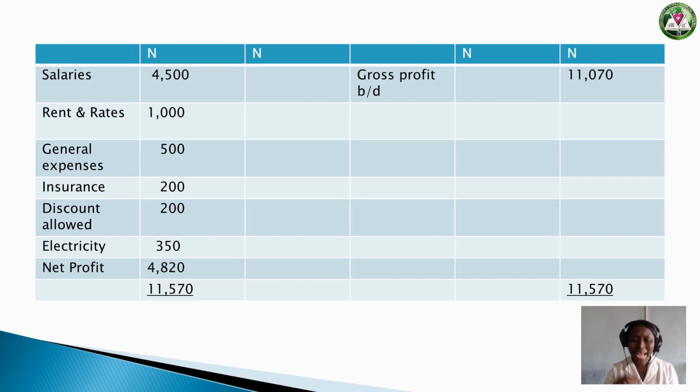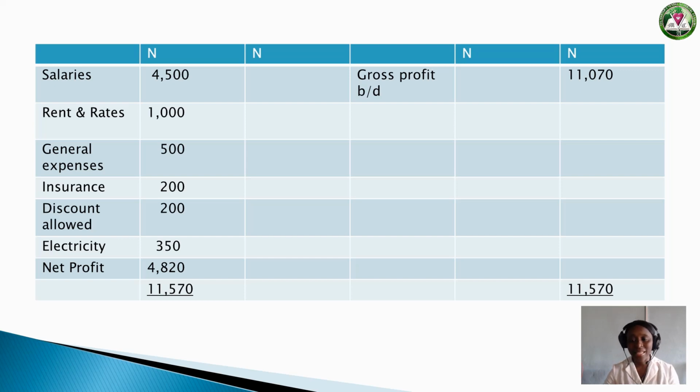Then minus this 6,750 from 11,570. I repeat, 11,570 minus 6,750 will give you what?